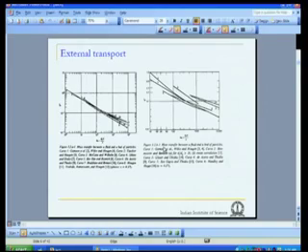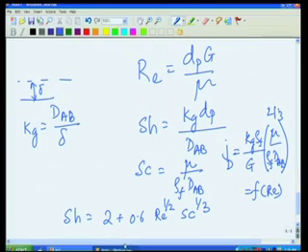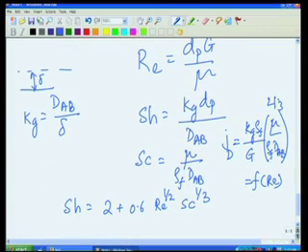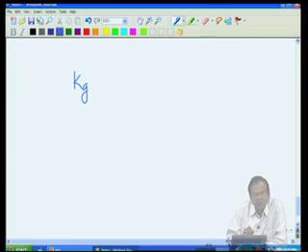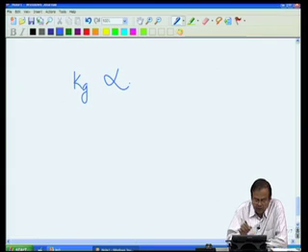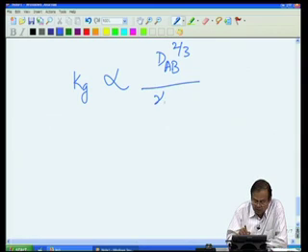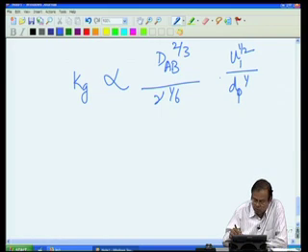These correlations tell us that the mass transfer coefficient depends on various properties of the reacting mixture. For example, if we take the Frössling correlation or even the j_D factor correlation, we find the mass transfer coefficient is proportional to diffusivity raised to power 2/3 and kinematic viscosity nu raised to 1/6, multiplied by u, the velocity, raised to power half, by dP raised to power half.